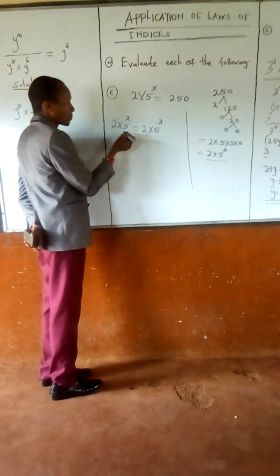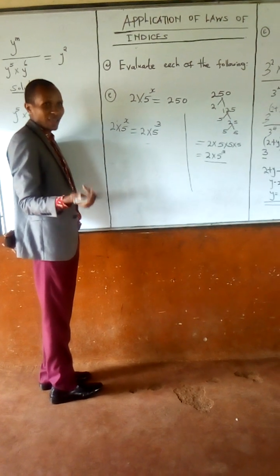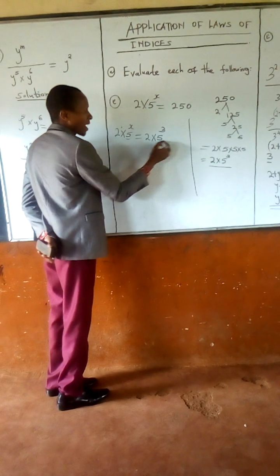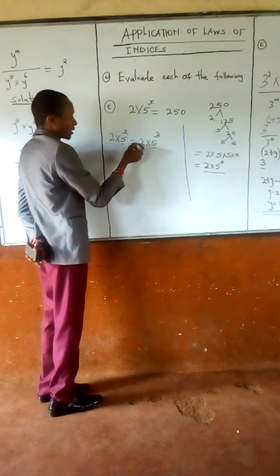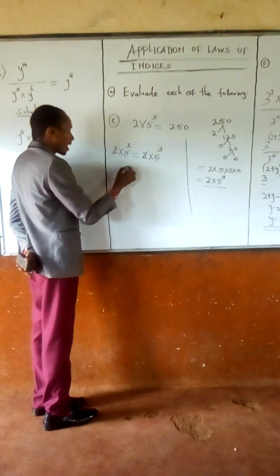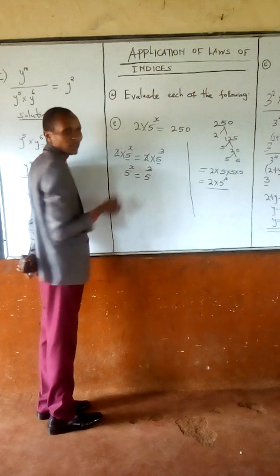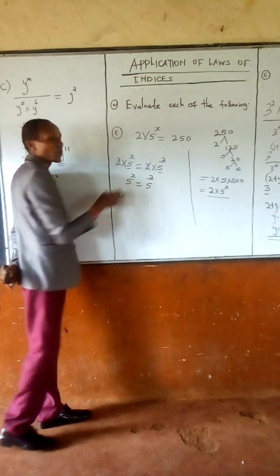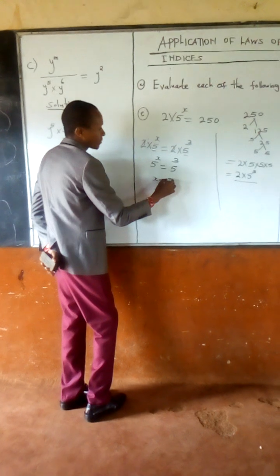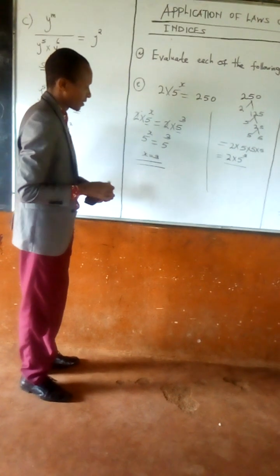Just take 5 raised to x and 5 raised to 3, because these 2 and 2 are the same. Just take 5 raised to x is equal to 5 raised to 3. Now we are equating the powers. So it means our x is the same as 3. Just like that.